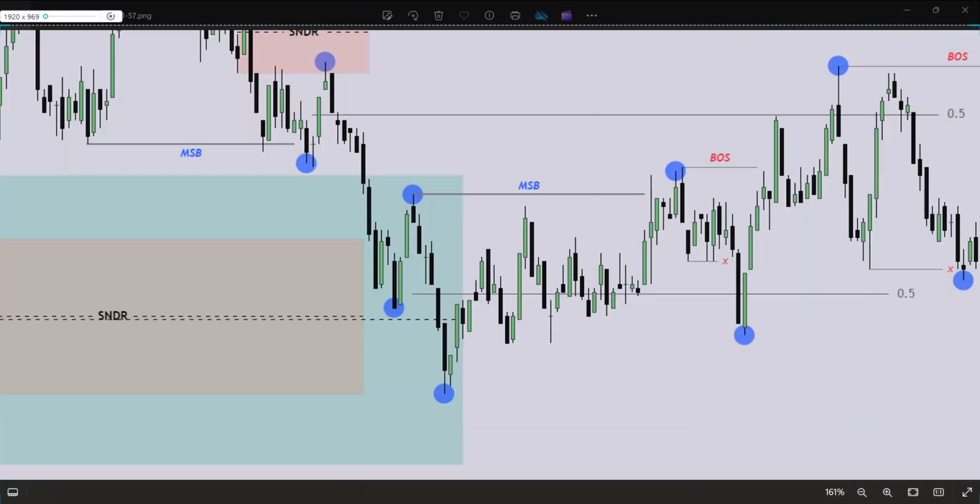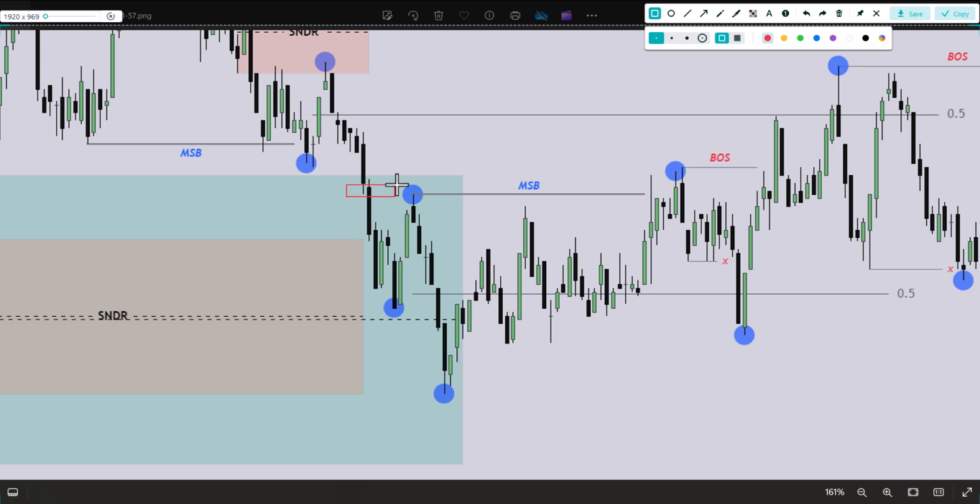So if you look closely, price rejected from this fractal right here. From the low of the candle to the high of the candle, this is a fractal in the higher time frame. So this is the 1 minute time frame. If we go to a time frame like the 1 second or the 5 second, it will look like this, not like this.